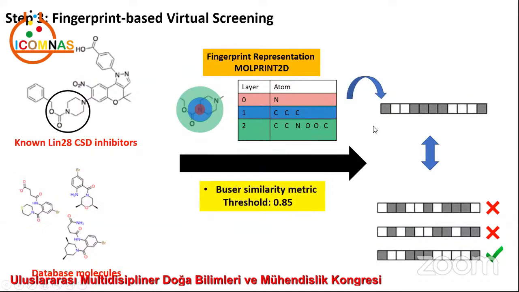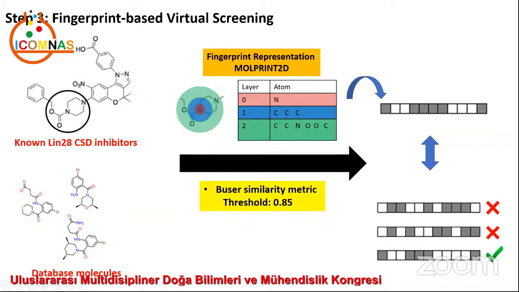Then we compared the fingerprints of these known inhibitors with the fingerprints of the molecules in the prepared database. To compare the similarity of these compounds' fingerprints, we used the Tanimoto similarity metric.